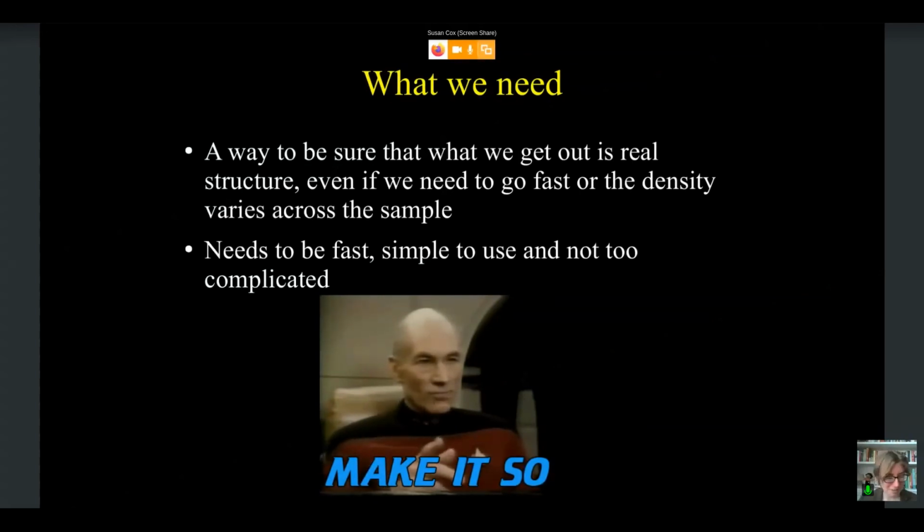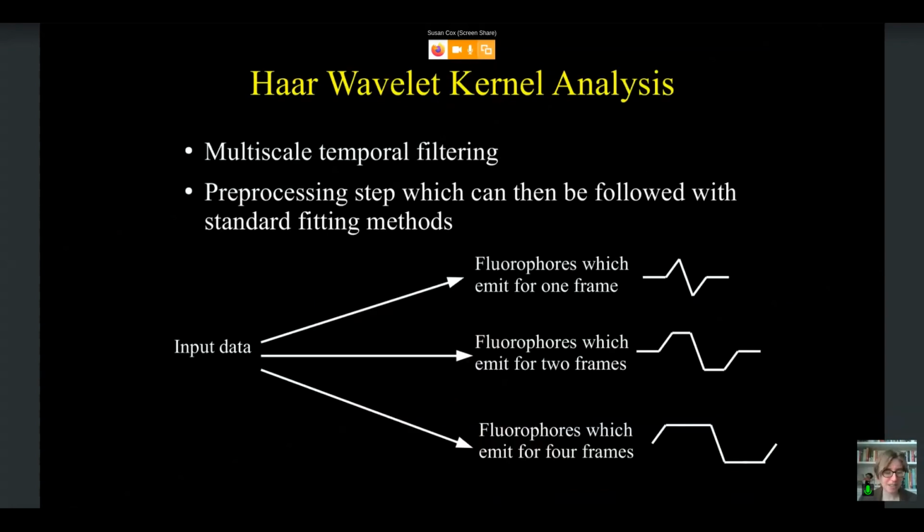So rather than doing it myself, I talked to my brilliant postdoc, Richard Marsh, and said, this would be a terrific thing for us to do, wouldn't it? And then he went away and did it, which made me feel very Picard-like, carrying on the Star Trek theme. And what he realized was you can actually use a super simple approach, Haar wavelets.